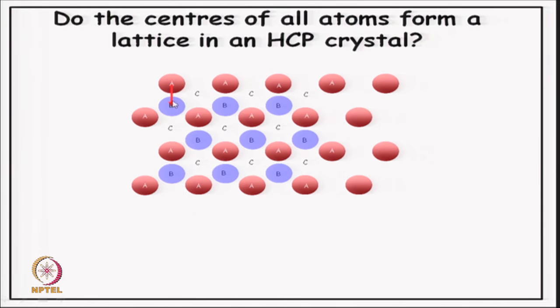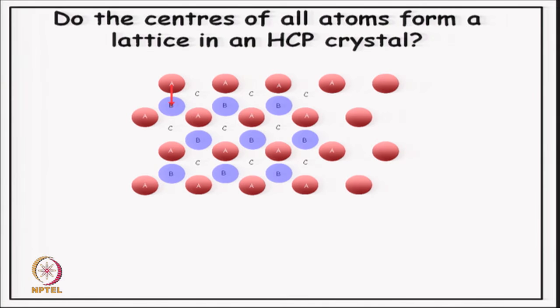So, this translation, although appearing horizontal, is not a horizontal translation. It has a horizontal component from an A atom to the centroid of the triangle of A atoms. So, this is the horizontal component of this red vector. It also has a vertical component.